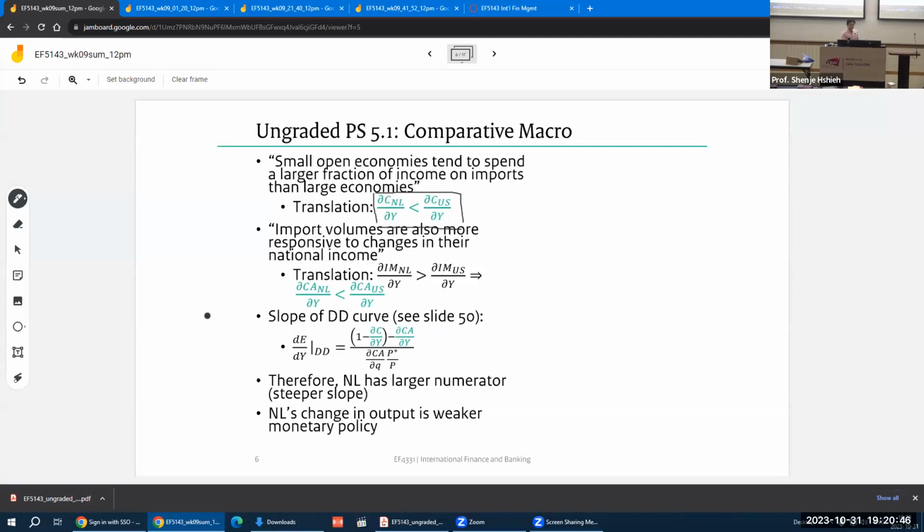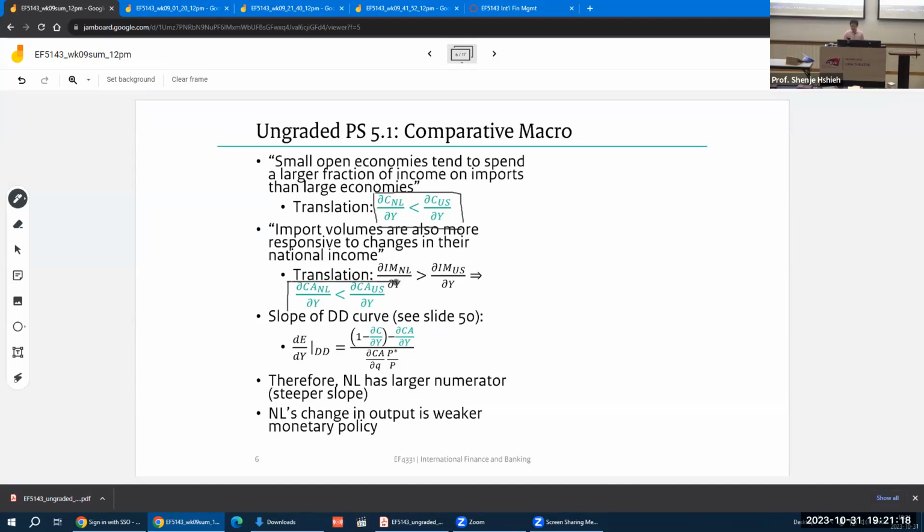All right, second sentence. Import volumes are also more responsive to changes in their national income. So again, we're looking at a unit change in income, but instead of looking at domestic consumption, we're looking at exports, namely the current account. So translation, the Netherlands are more likely to import given a unit increase in their income compared to large economies like the US. And if you want to write that out in terms of current account, you can.